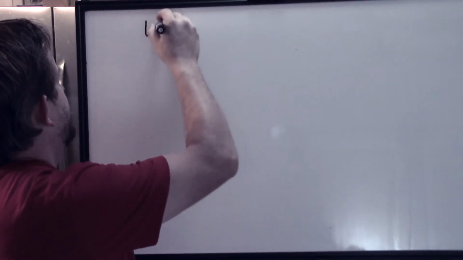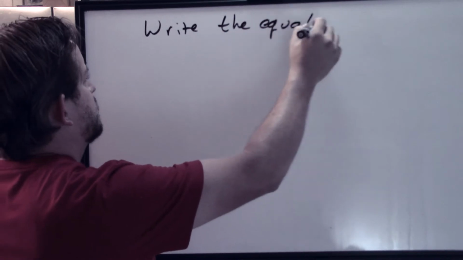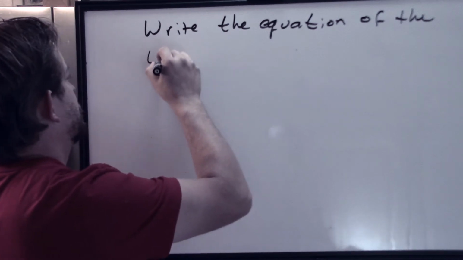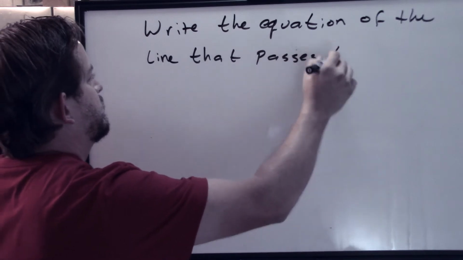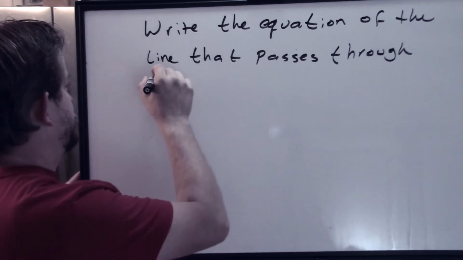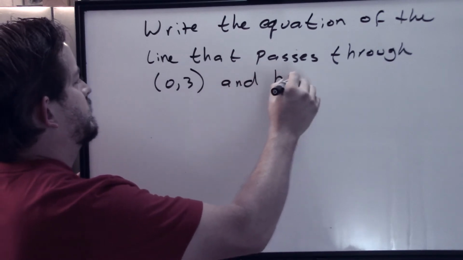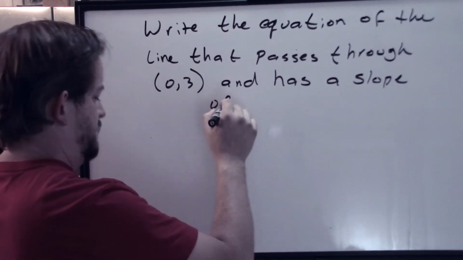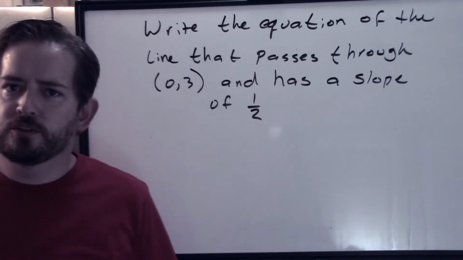We might be asked this: write the equation of the line that passes through the point (0, 3) and has a slope of 1/2. Okay. So we're given 2 bits of information here.